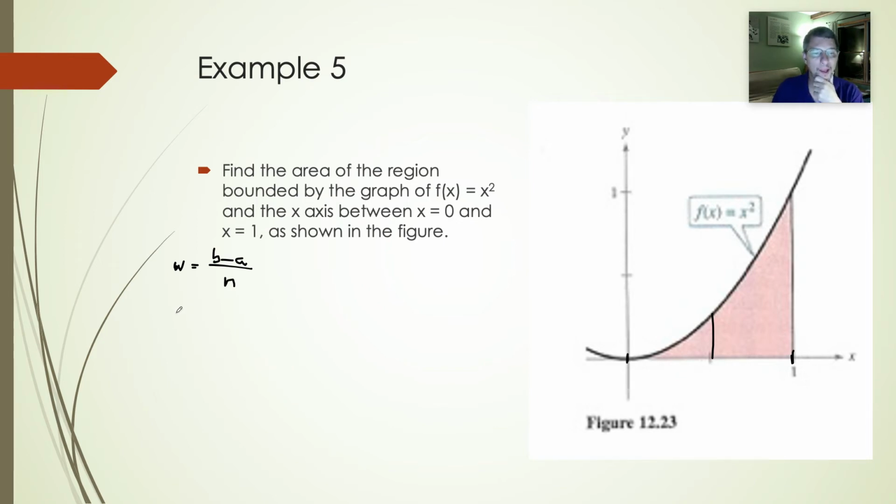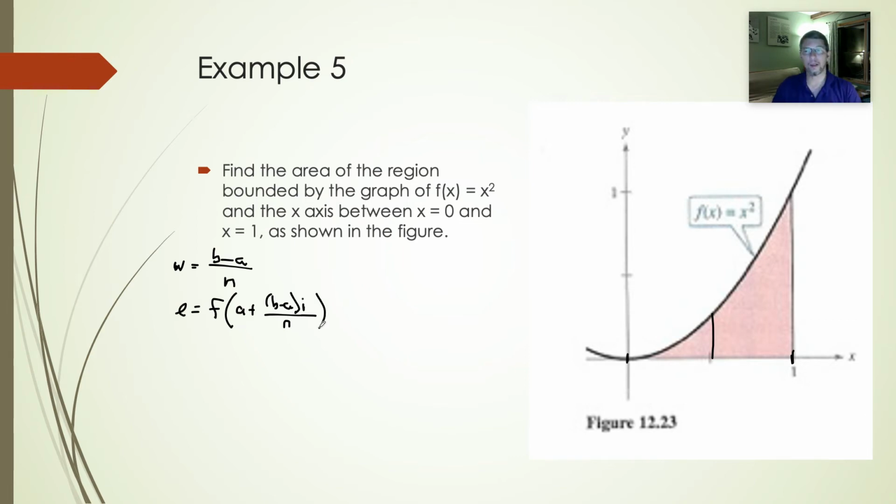Now, the length, on the other hand, is going to be equal to the value f of a plus the difference b minus a times whatever i value we're talking about, all divided by n. Okay?